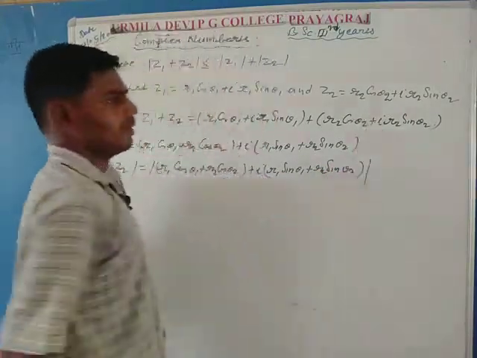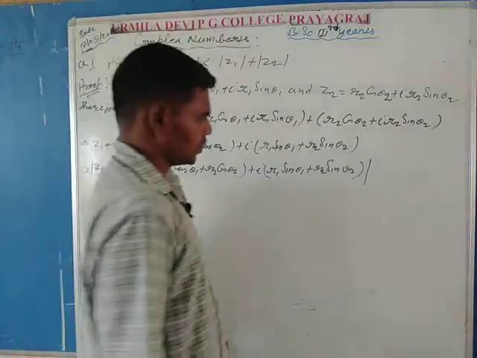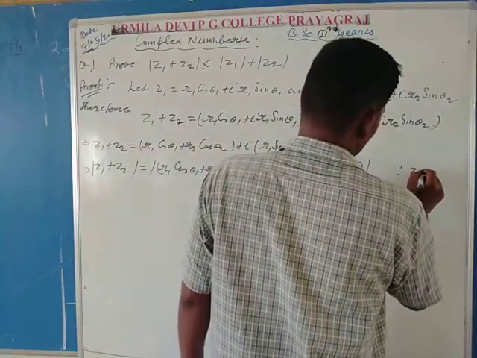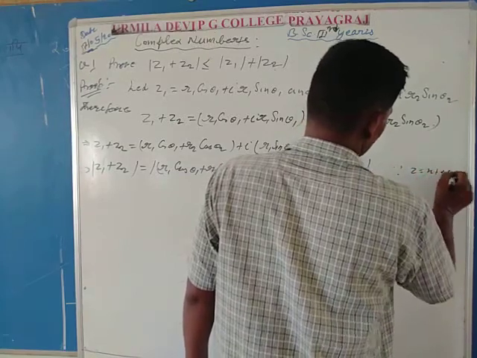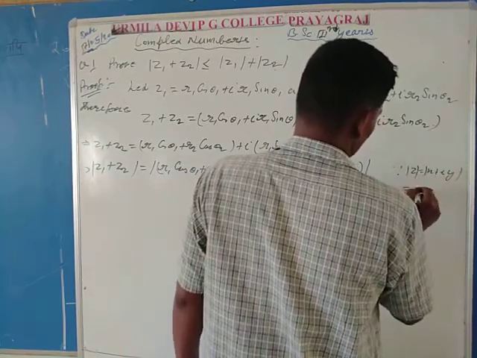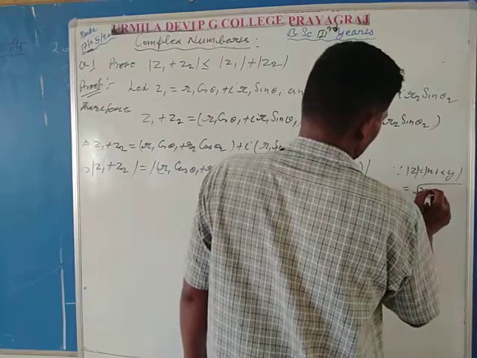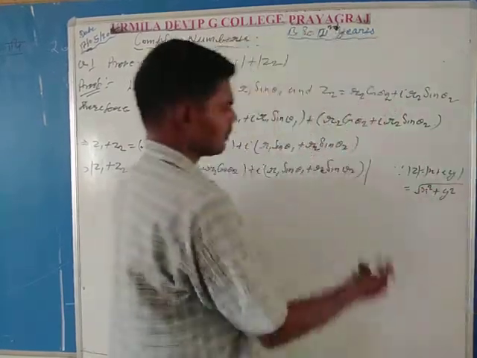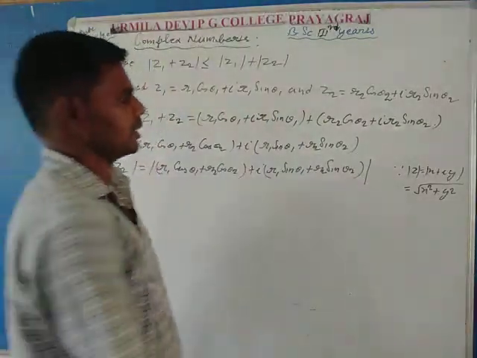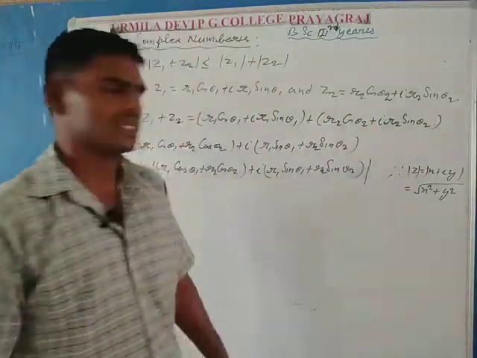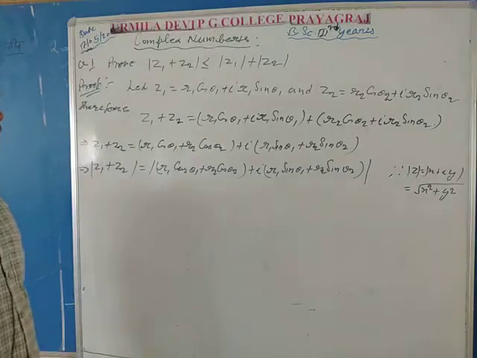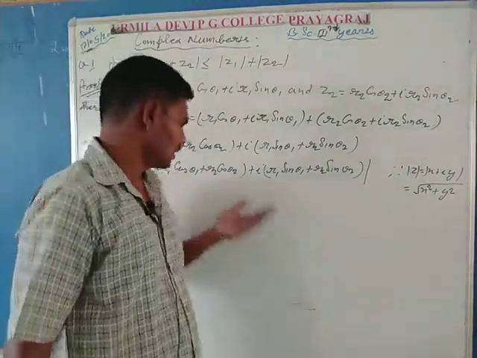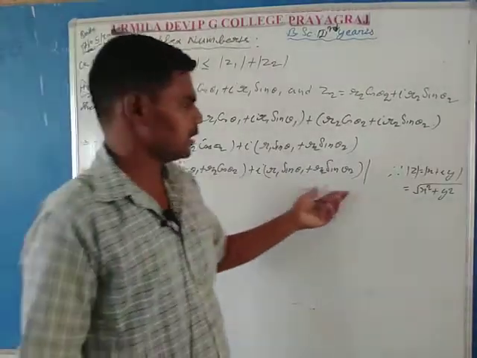According to the modulus rule: mod of z equal to x plus iy is equal to under root x square plus y square. This is the rule for the modulus of any complex number, where x is the real value and y is the imaginary value. Here the total real part is x and the total imaginary part is y.